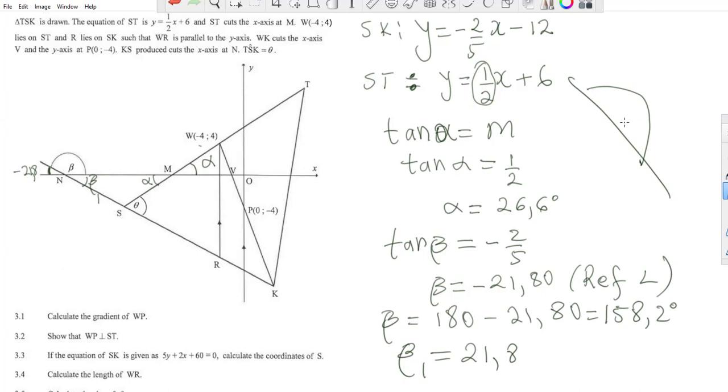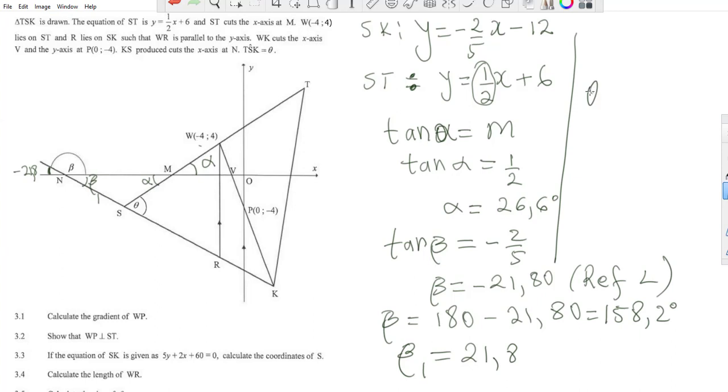So if you have this, 158.2, what will be this angle? To complete 180, it should be 21.8, because when you add these two angles, the total will give you 180.